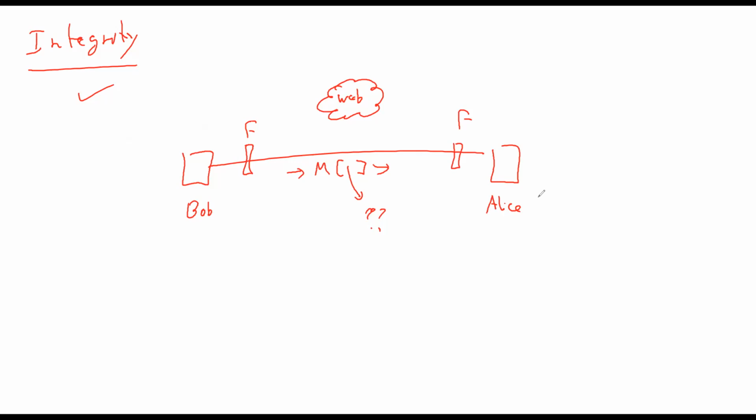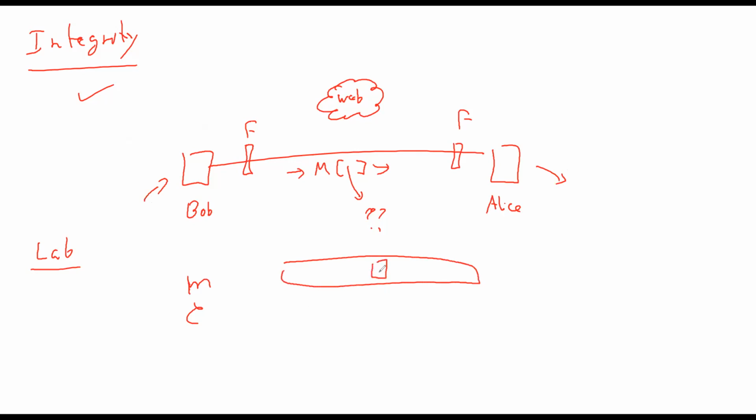Okay? So as you might imagine, that's what we will be doing in the lab this week. Just like you did last week with ghex, you're going to be sending messages, whether encrypted or not, and you're going to check that you send them from here and that they check out on the other end with integrity. You're also going to take a message and flip one bit, just one out of millions.